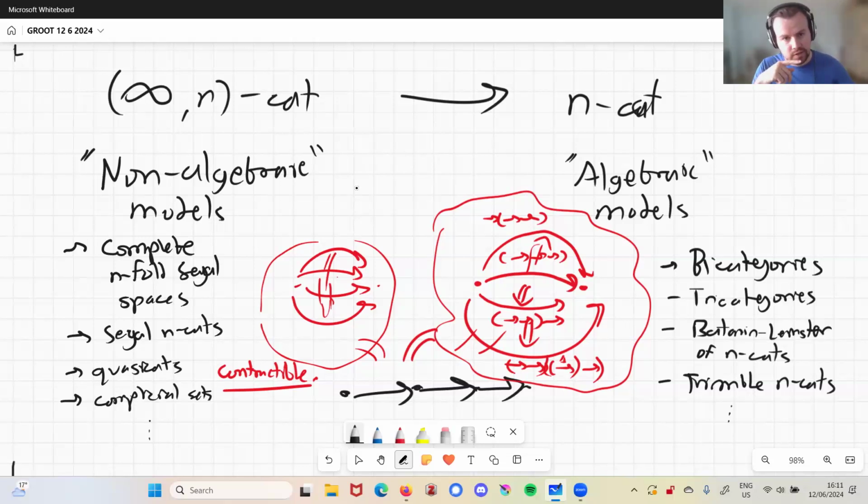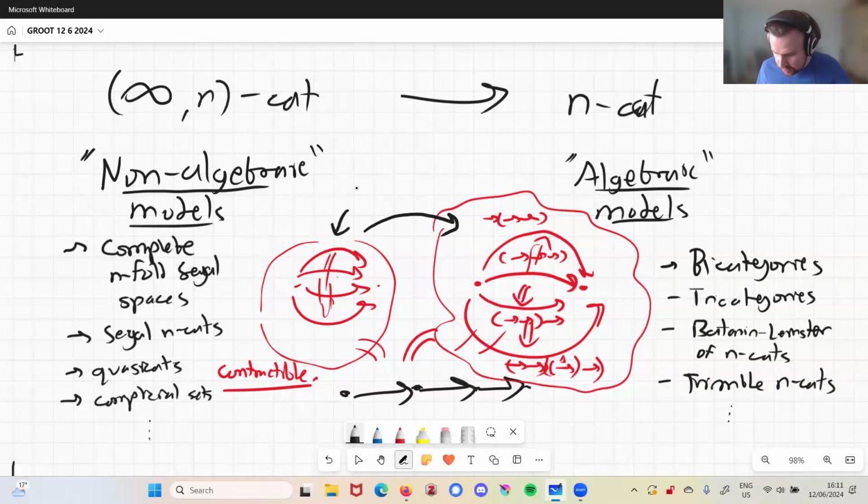Okay, so why am I interested in going from a non-algebraic model to an algebraic model? Well, the point is that we're going from a situation where we don't know what the specific composites are and what the associators are to a situation where we do know. This is almost analogous to starting with a vector space and picking a basis. But we're trying to find all of this algebraic structure in a way that's coherent.